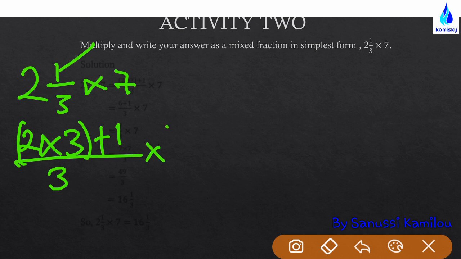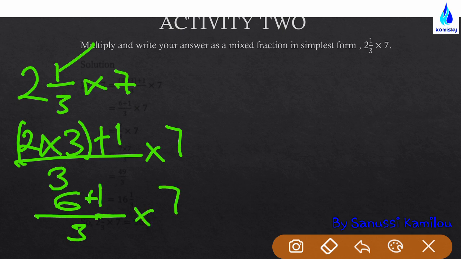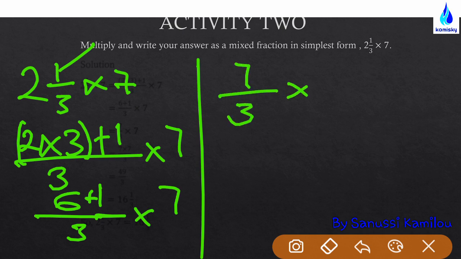Then you still multiply by the 7. That 7 was in the question already. From here you must continue: 2 times 3 giving us 6 plus 1 over 3. Then our multiplication will also still be there. So now what do we get? 7 over 3 times 7. Very good.